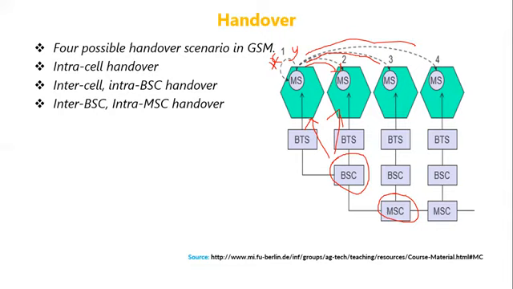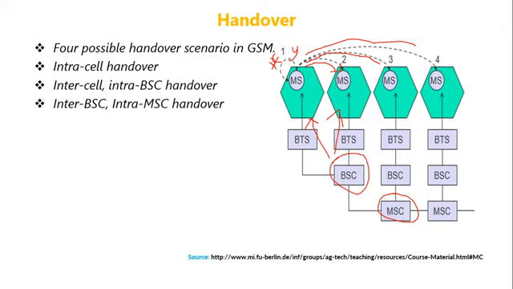Somehow GSM should identify when the handover should be done. So for that purpose, MS and BTS will periodically measure the performance of downlink and uplink. What is the quality of downlink and what is the quality of uplink? That MS and BTS will periodically check.